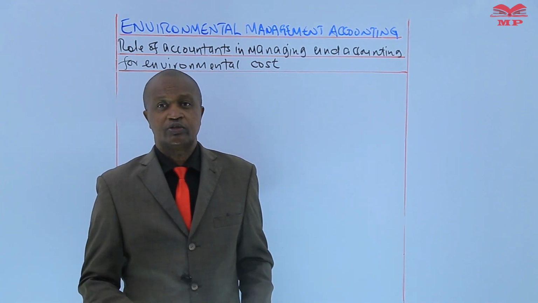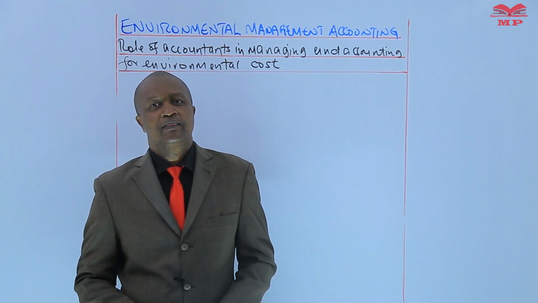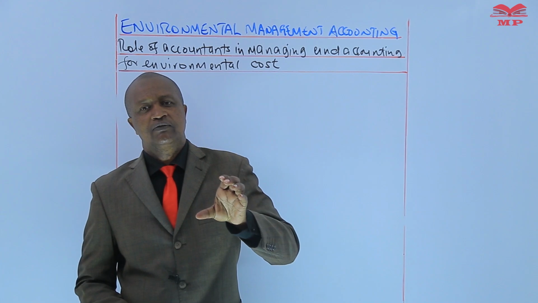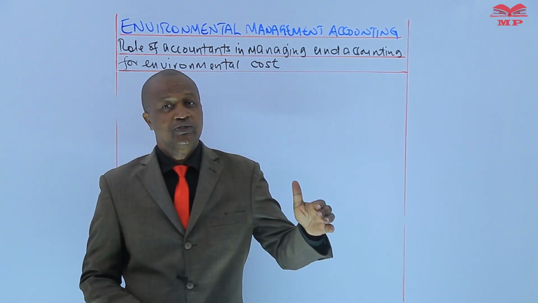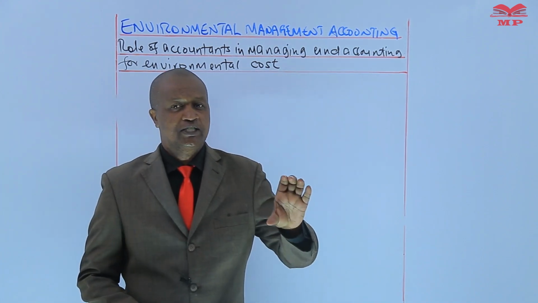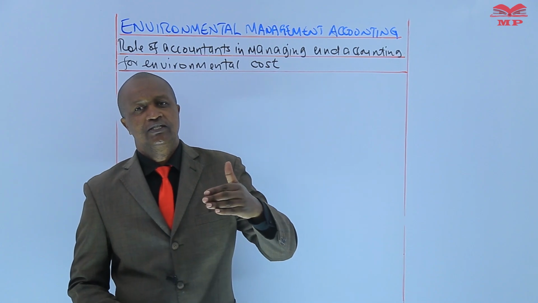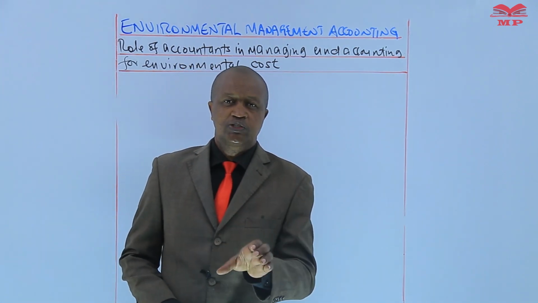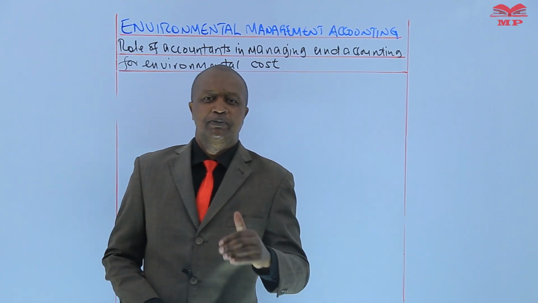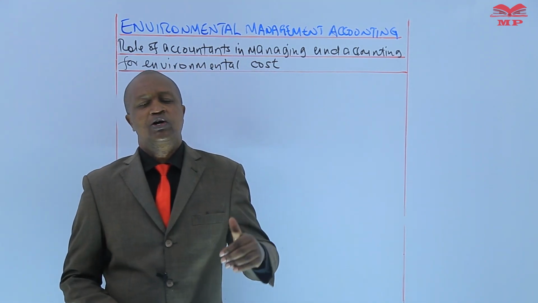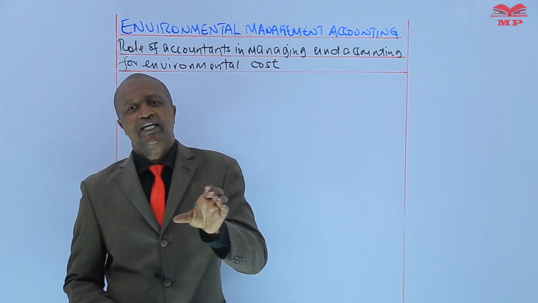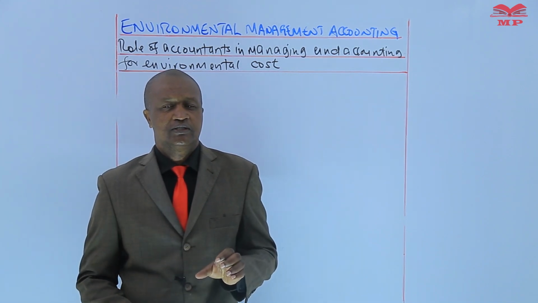And candidates will recall in our first chapter where we discussed the scope of management accounting, the scope of strategic management accounting. We said that environmental and social aspects are considered in strategic management accounting while making decisions.